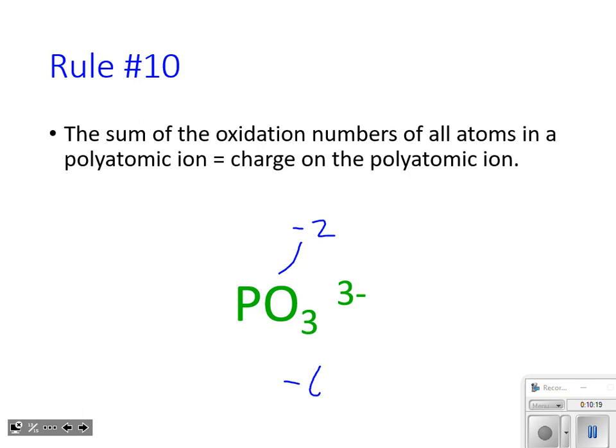So that gives me -6. Now, the sum of all of these has to be equal to -3. So what completes this equation? How about a +3? So my phosphorus there is +3 because it has to equal the -3.